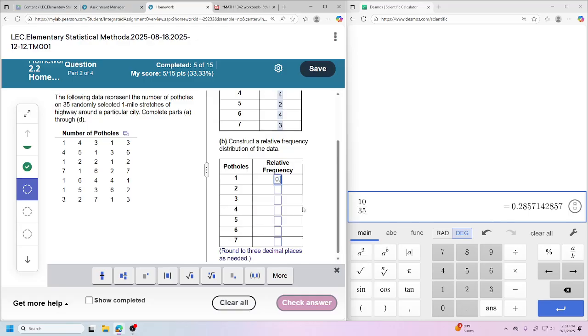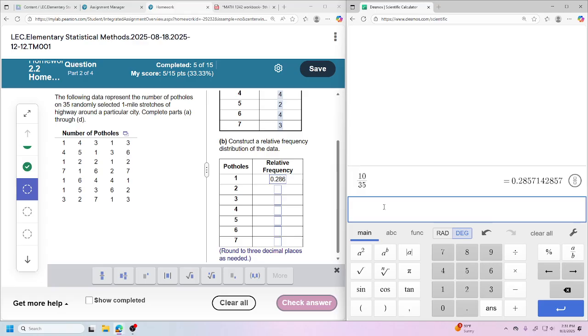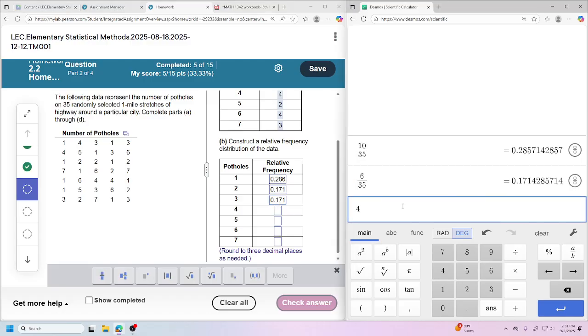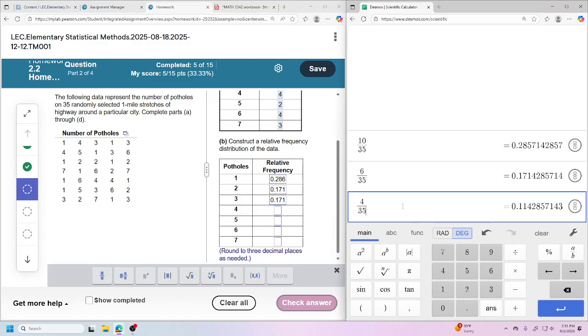Now, is there a way in StatCrunch to get relative frequency? I am sure there is. I just don't know if I would go that far for that, because of the rounding issues, and it might round not the way you want it one time. So I'm going to have to do a little bit by hand, and that's okay.